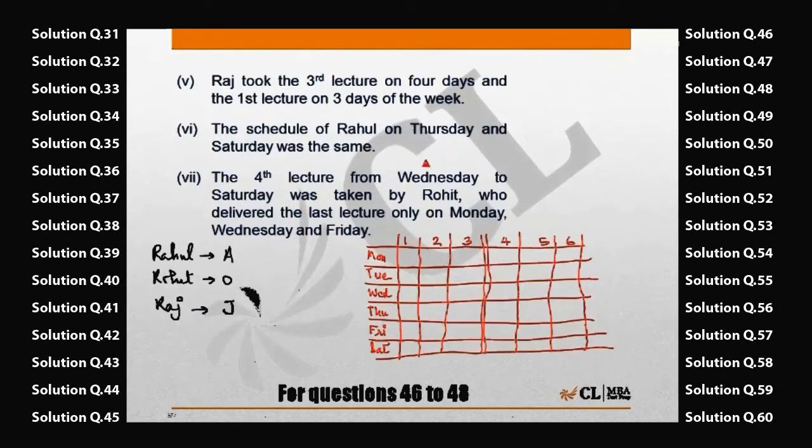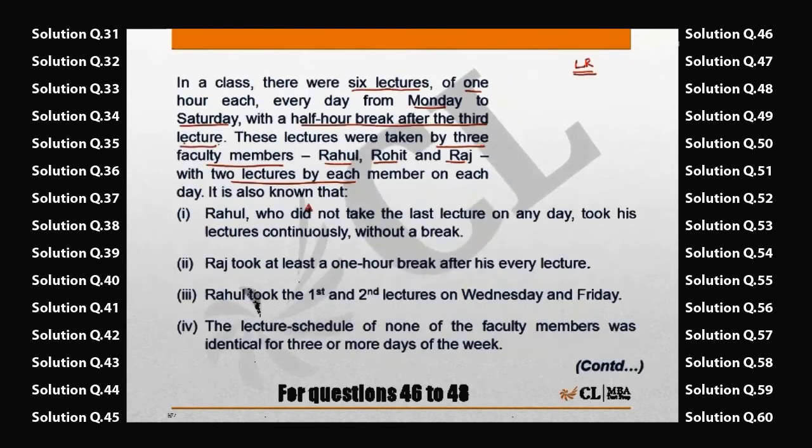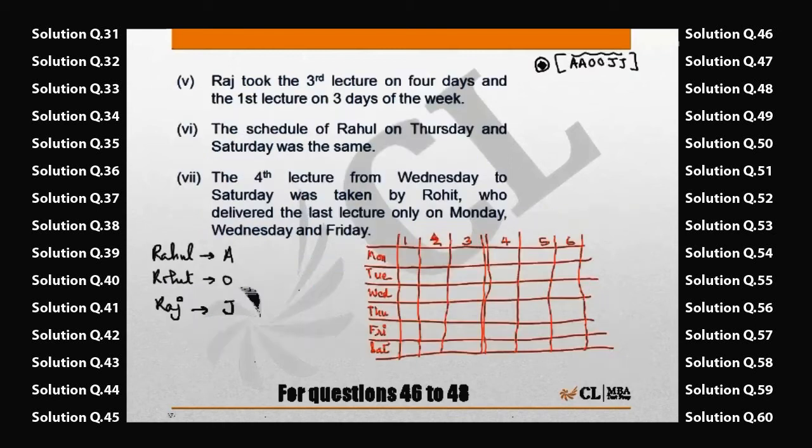So what we need is AA, OO, JJ, some combination of that every day. Let's start. Rahul, who did not take the last lecture on any day, took his lectures continuously without a break. So that is condition number 1.